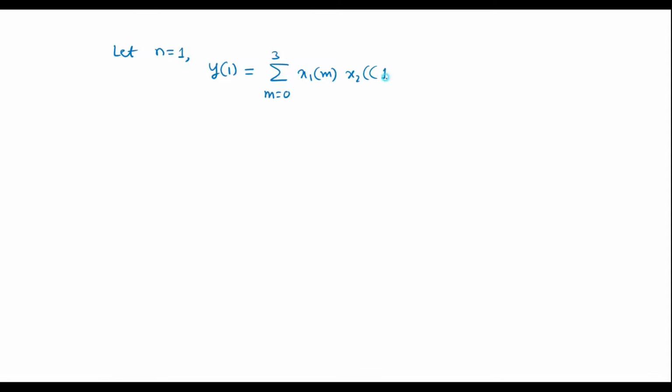N value is 1 now, so x2 of (1 minus m) modulo 4. Let me simplify this, expand the summation.